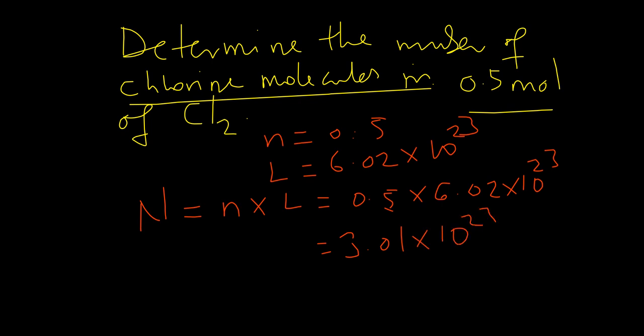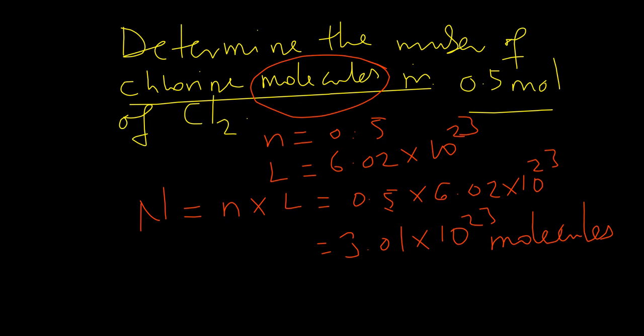Here they are molecules. Remember, the particles can be molecules, ions, or atoms. But here they say you should determine the number of chlorine molecules. So you would have 3.01 times 10 exponent 23 chlorine molecules.